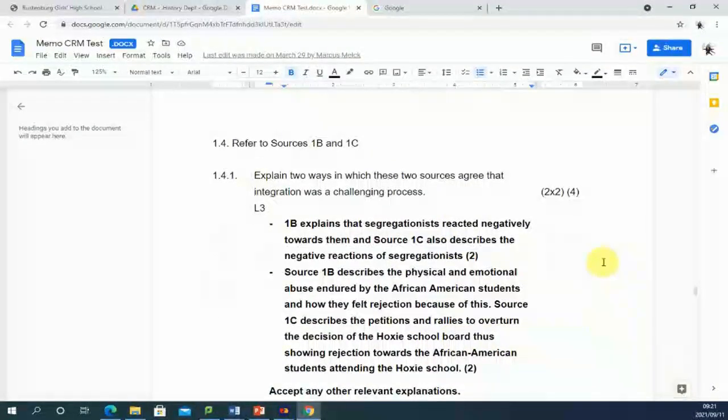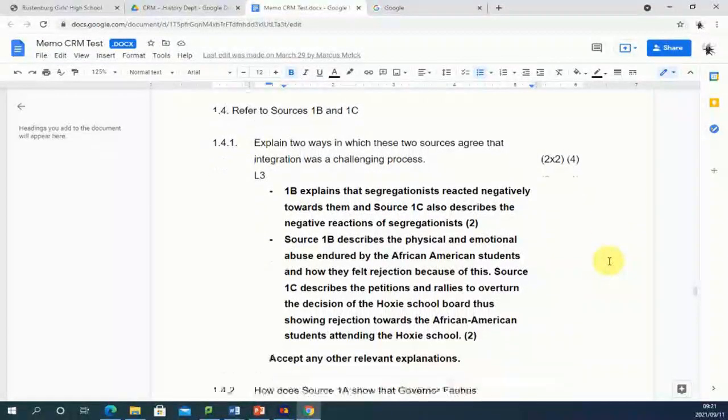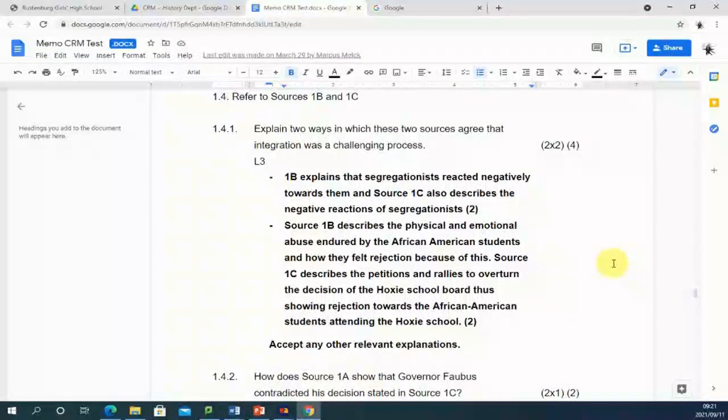Okay. Level 3 question, explain 2 ways in which these 2 sources agree that integration was a challenging process. So we're looking at 1B, which was the Central High School, versus 1C, which was the Hoxie schools. So again, for comparison questions, you are looking at a set of comparisons for 2 marks and another set of comparisons for an additional 2 marks.